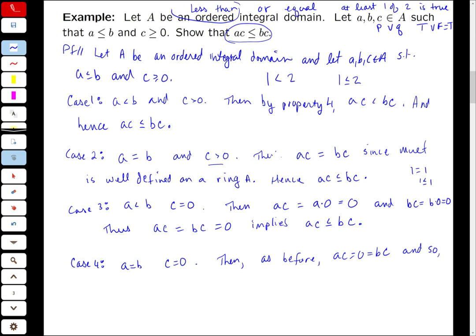And so AC is less than or equal to BC. Thus, if A is less than or equal to B and C is greater than or equal to 0, then AC is less than or equal to BC.